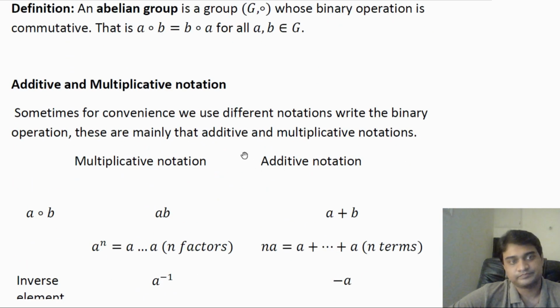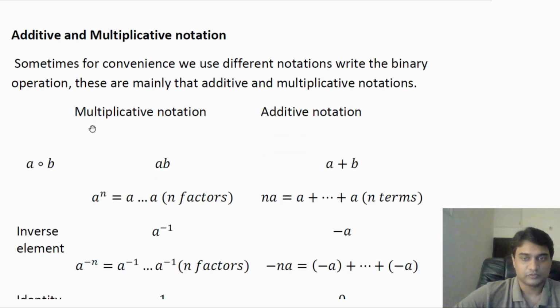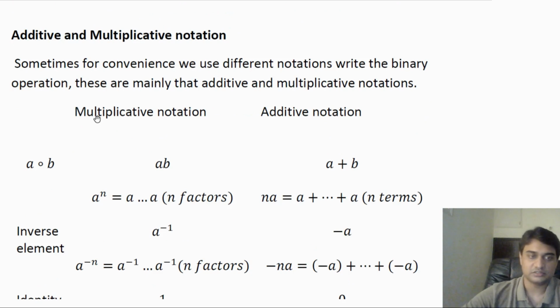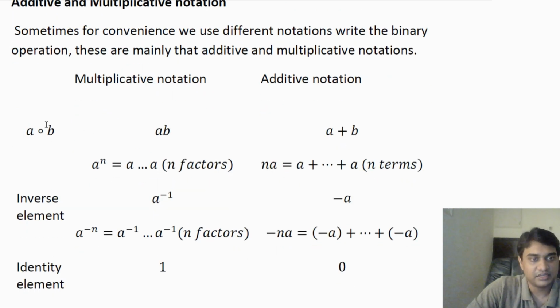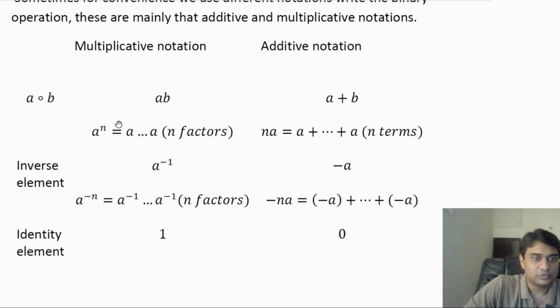Now we move on to additive and multiplicative notations that are used in a group. We basically use two notations: the additive notation and the multiplicative notation. A circle B, the result of composing A with B, in multiplicative notation we can simply write as AB, and in additive notation this can be written as A plus B. And also A to the n means multiply A by itself n times.